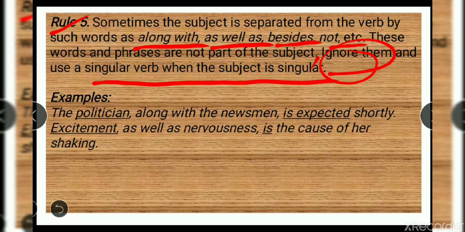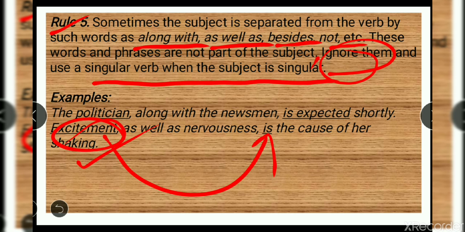Example number 2: excitement as well as nervousness is the cause of her shaking. So here we are talking about excitement, which is the first subject, and depending on this we have used is.